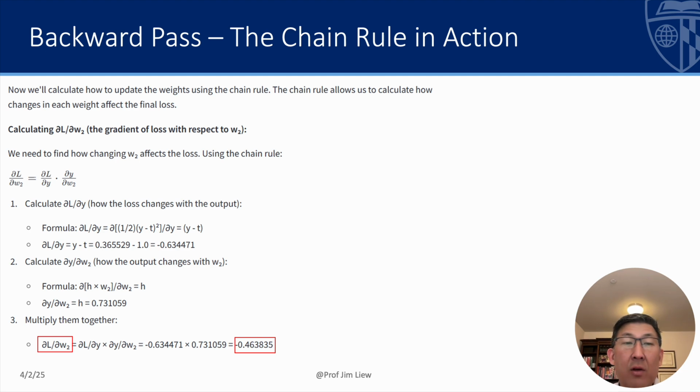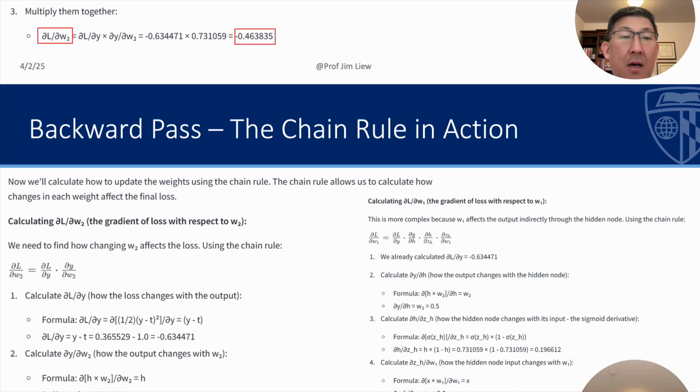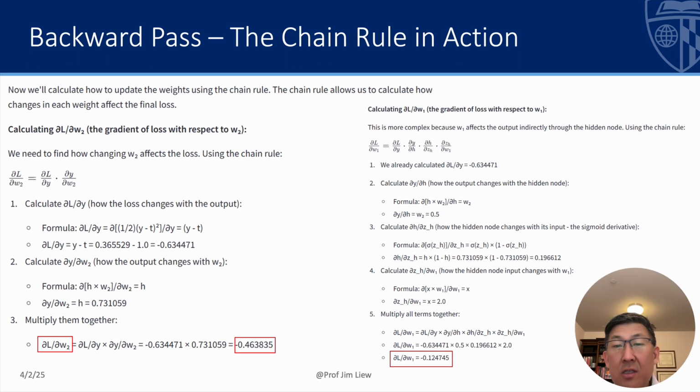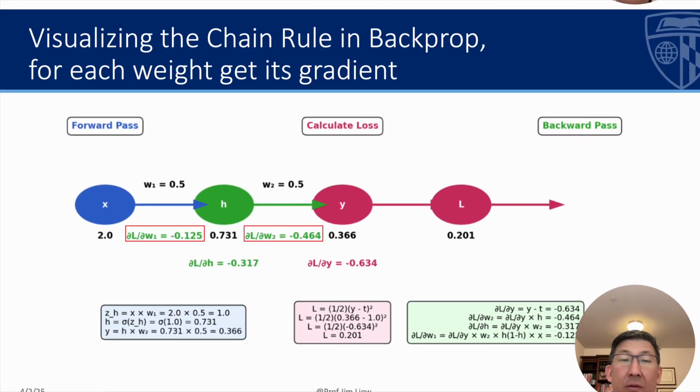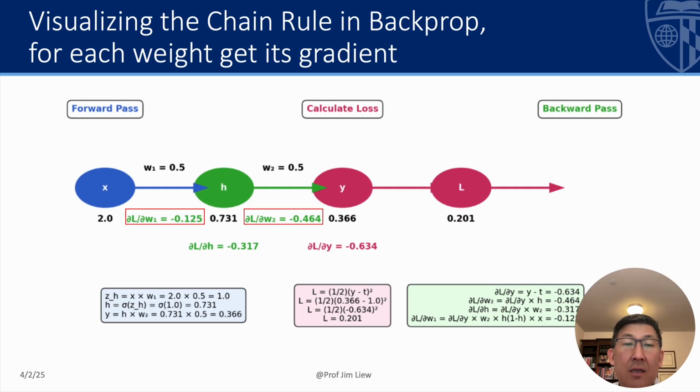Now we also have to calculate the gradient with respect to W1. And here's the formula. You can walk through the math. Basically, you can see here, you get another value. So now you have a gradient for W2, and with that information, you can calculate the gradient for W1. And with that information, now you can update.